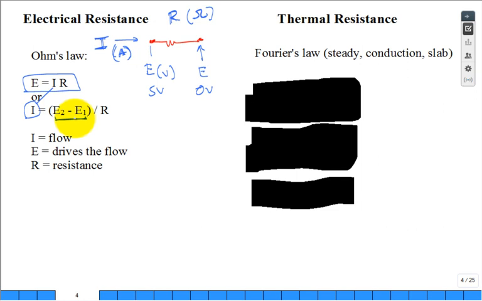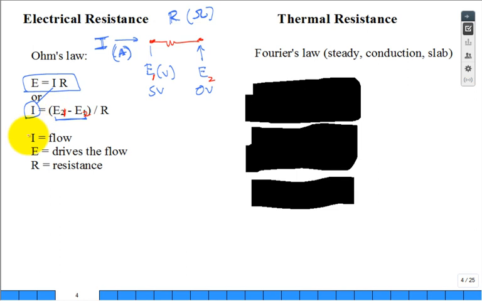That's what drives the flow: E1 minus E2 divided by R. I probably just want to call this E1 here and E2 there, and then it's consistent. It's flowing through that resistor.